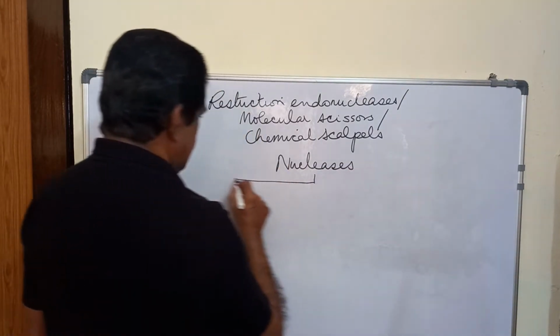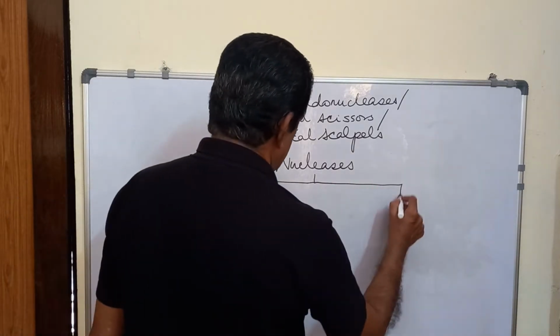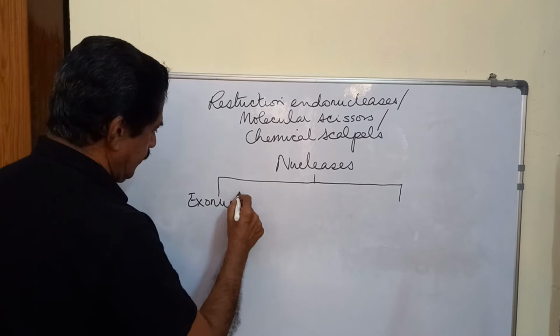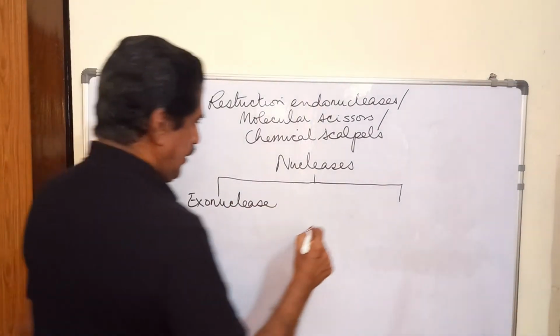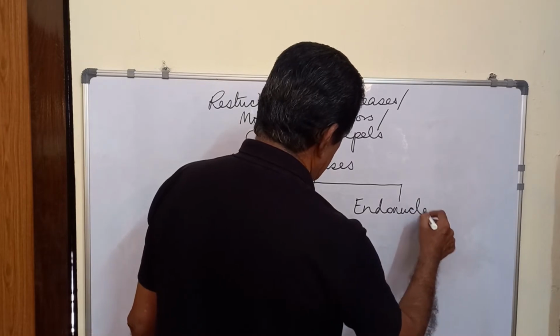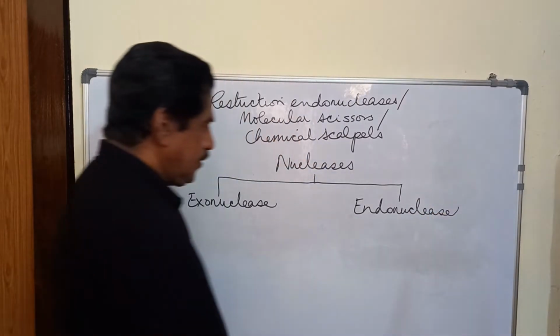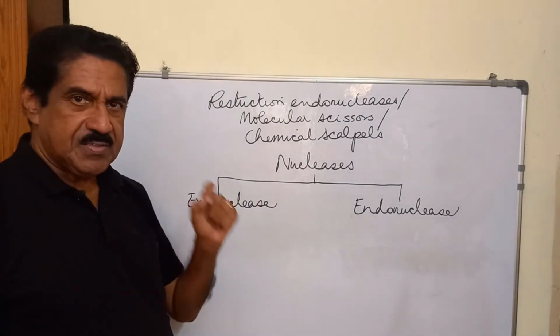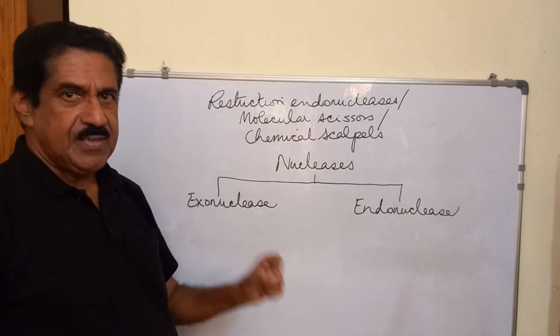They are of two types: exonucleases and endonucleases. The difference is exonuclease cuts DNA at the ends of the DNA.